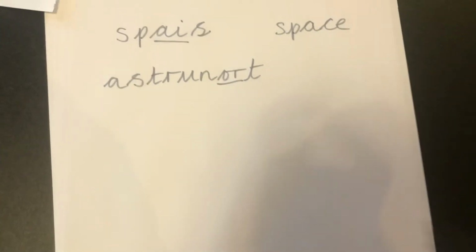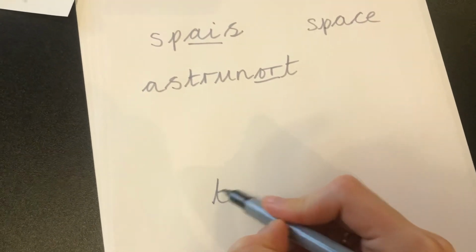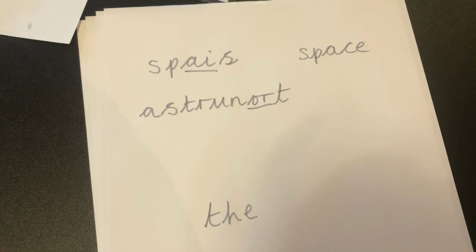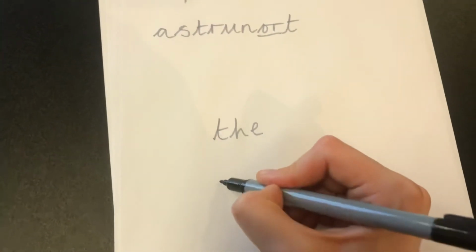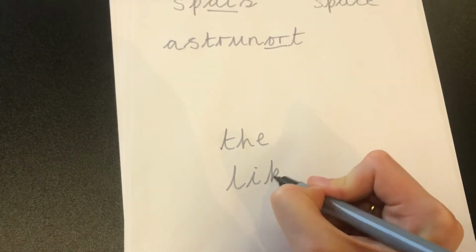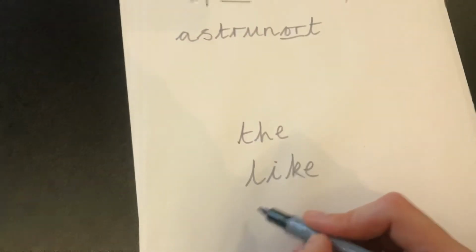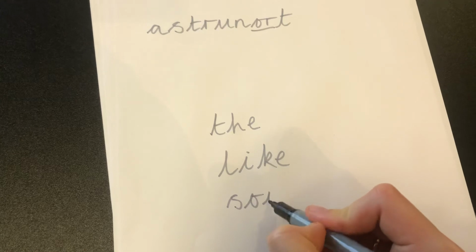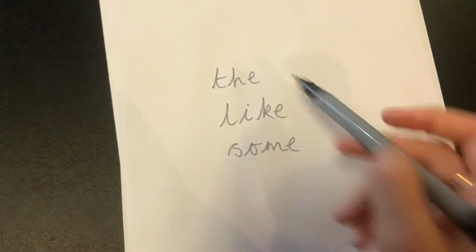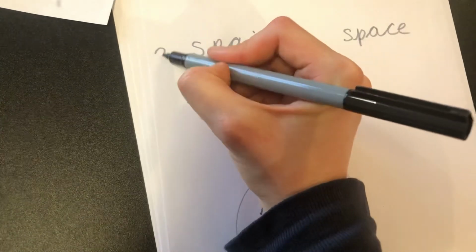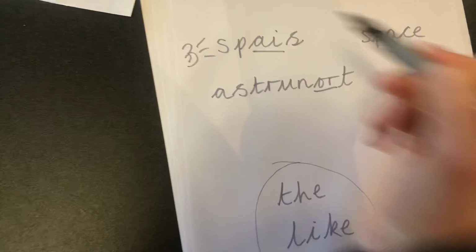So they really should know that the is written T-H-E, they just have to remember the spellings. They should know that like is written like this. They should know that some is written like this. So those are the kind of words, the tricky words, that they just have to remember. Other words, they can just listen to the sounds.